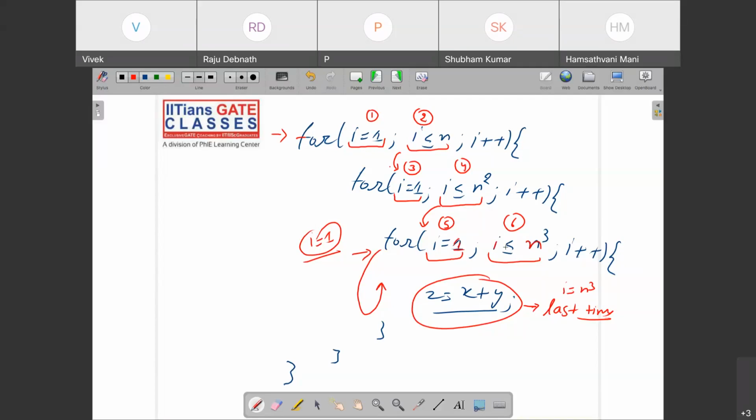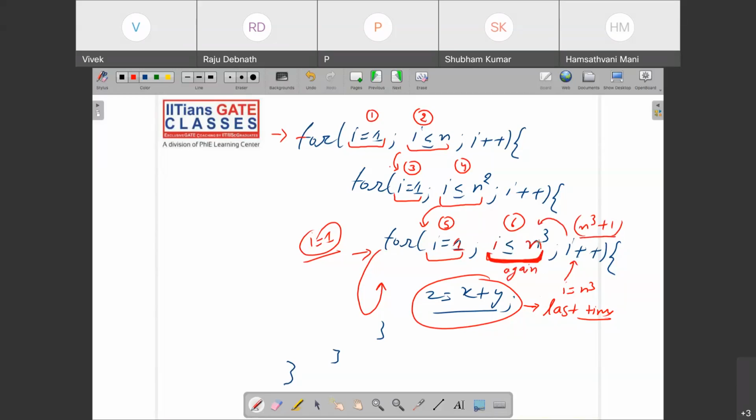Last time, the value of I will be n cube once this condition is satisfied for the last time. Then it will increase the value to n cube plus 1. Once it increases to n cube plus 1, this condition fails. It will check the condition again. Again, this condition fails.